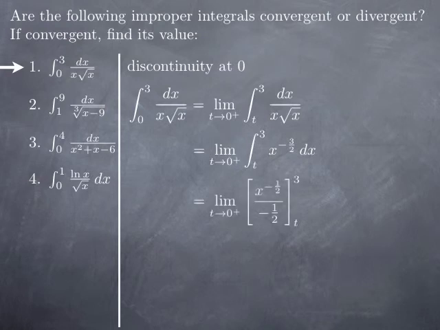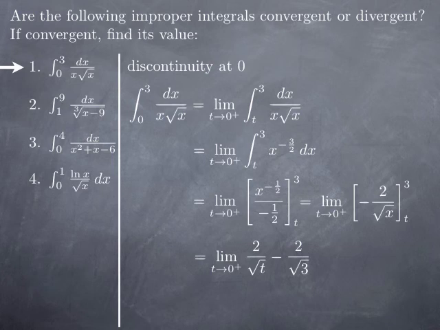So we obtain this function that we need to evaluate between t and 3. The negative 1 half at the bottom is really negative 2 at the top, and x to the negative 1 half is 1 over root x, so we can rewrite this as the limit as t is approaching 0 from the right of negative 2 over root x evaluated between t and 3. And so that gives us, when we plug things in, 2 over root t minus 2 over root 3.